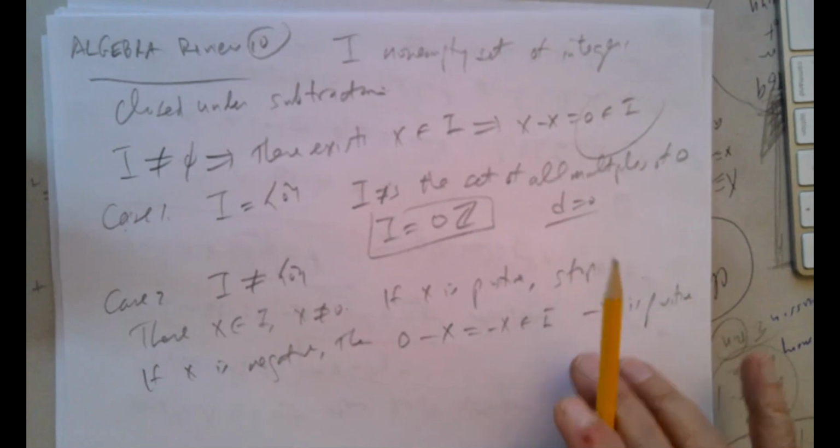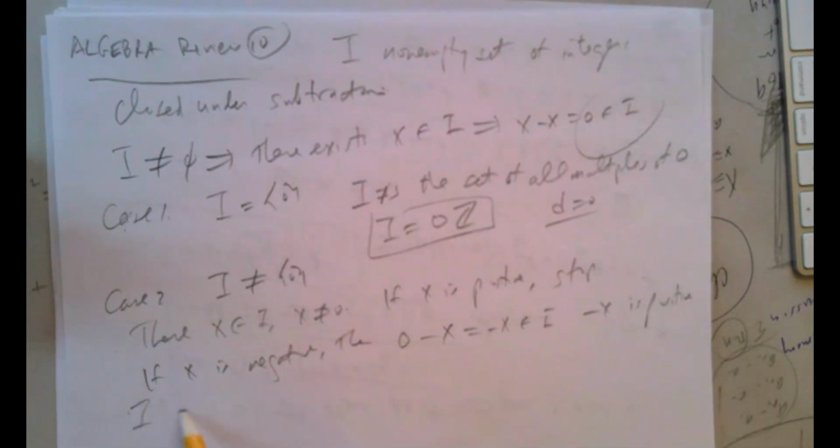So in every case, I contains some positive integer. So this is the first part of the proof, and I have to ask if you have any questions about this.